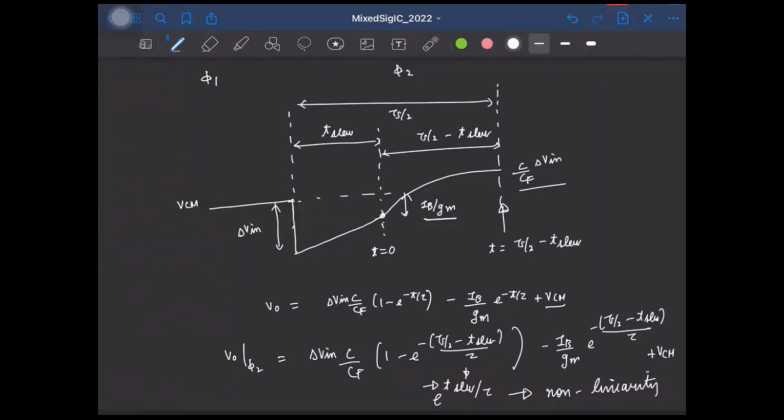And the solution to this problem is to make sure that slewing doesn't happen for a longer period. The moment you do that, the exponential factor, e power minus Ts by 2 minus T slew by tau, will be small. So if you make sure T slew is not a large number, this will in turn help in reducing the nonlinearity.